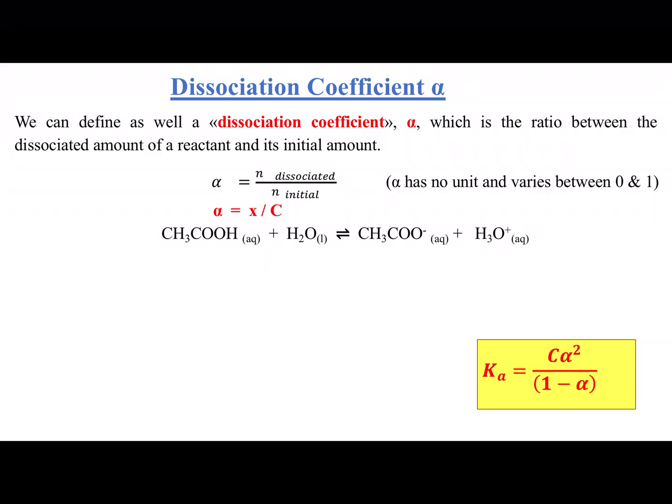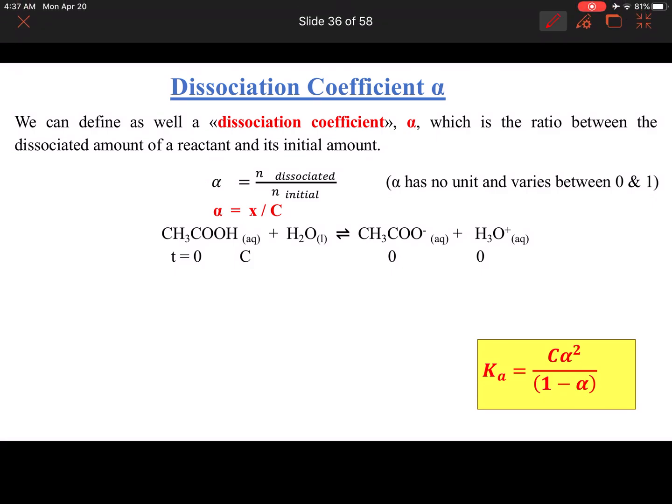Okay, we're going to derive alpha now in terms of Ka. If you remember, we've seen some things like this before. At time equals 0, my initial concentration of my acid is simply C, and the products, the conjugate base of that acid is 0, and H3O plus is 0.